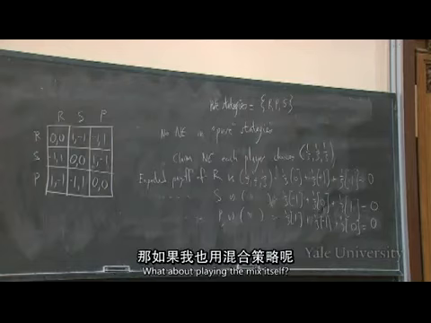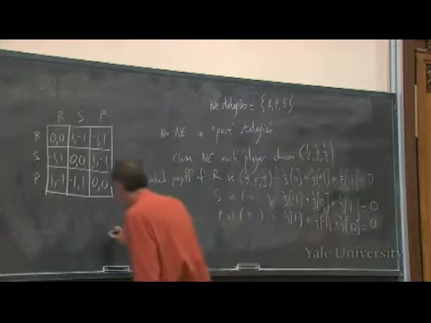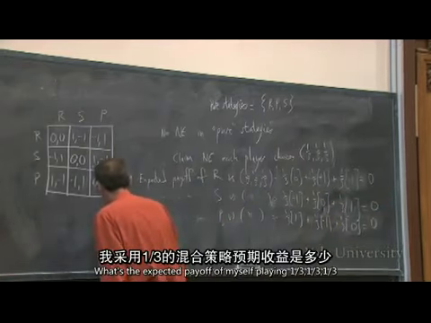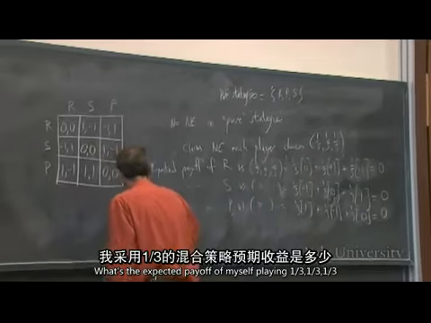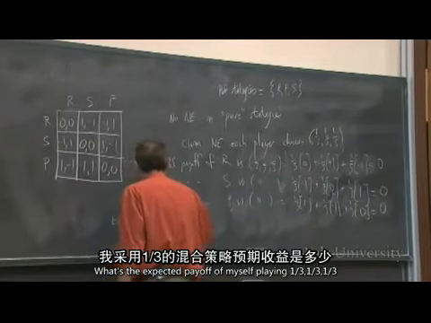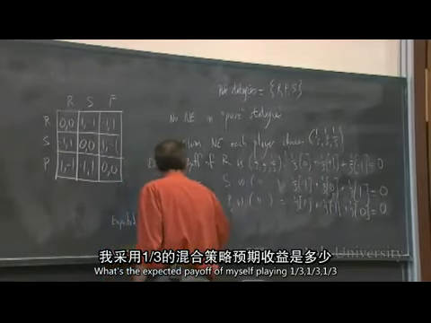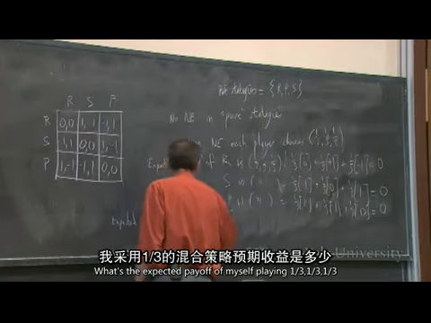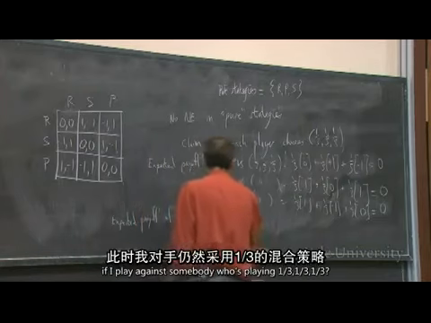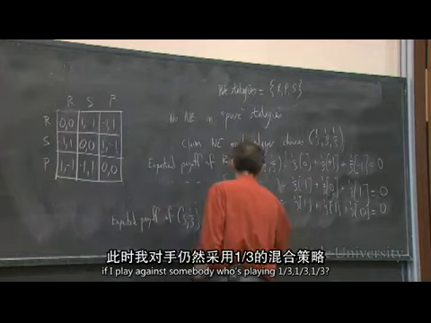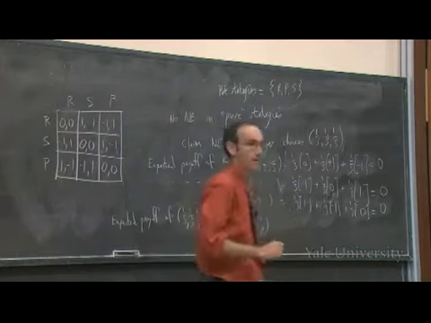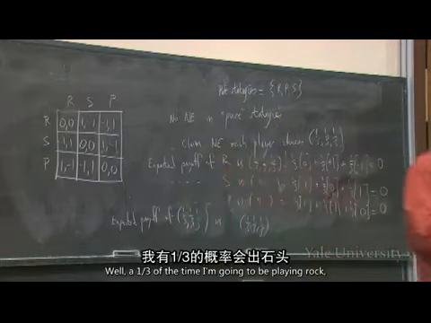All right? What about playing the mix itself? What's the expected payoff of myself playing a third, a third, a third, if I play against somebody who's playing a third, a third, a third? Right? Well, a third of the time, I'm going to be playing rock.